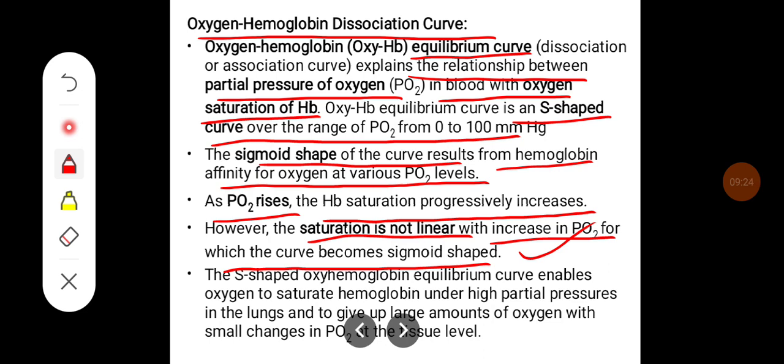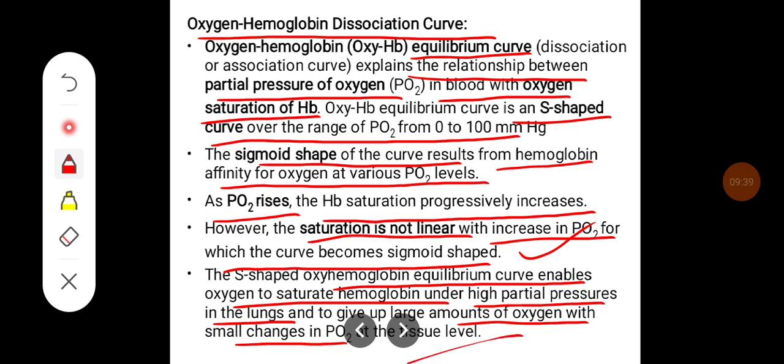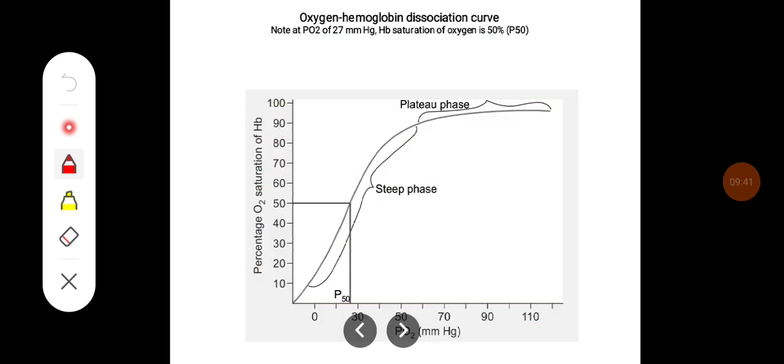The S-shaped oxyhemoglobin equilibrium curve enables oxygen to saturate hemoglobin under high partial pressures in the lungs and to give up large amounts of oxygen with small changes in the PO2 at the tissue level. So this is the association of the partial pressure of oxygen to the percentage of saturation of hemoglobin.